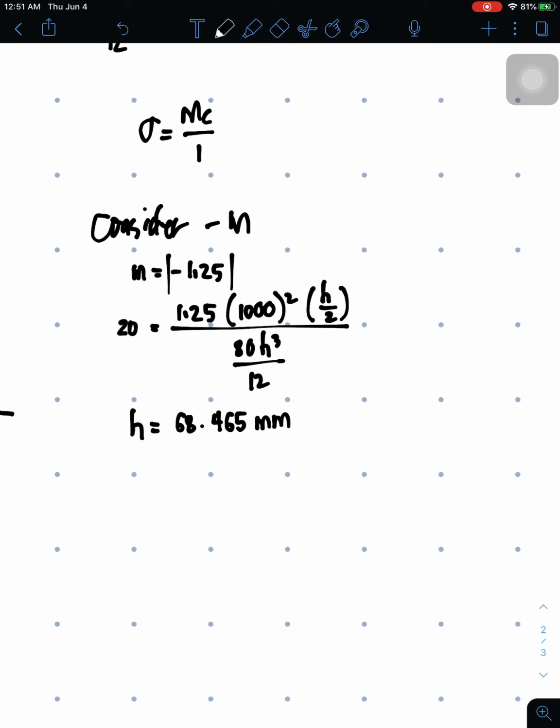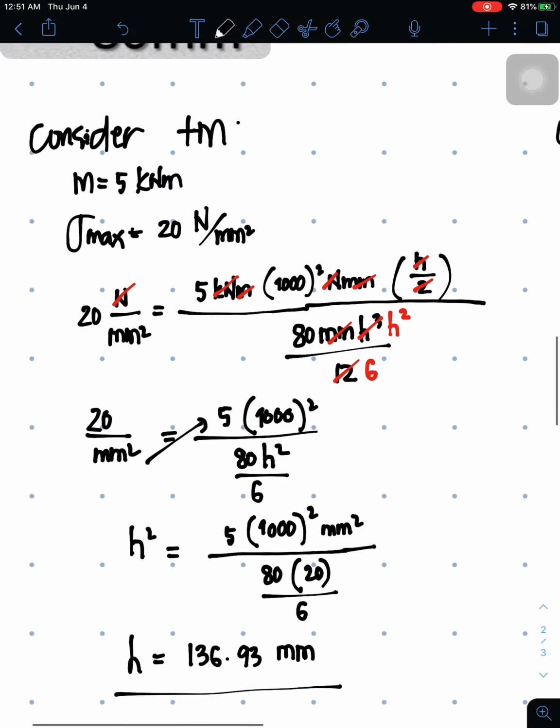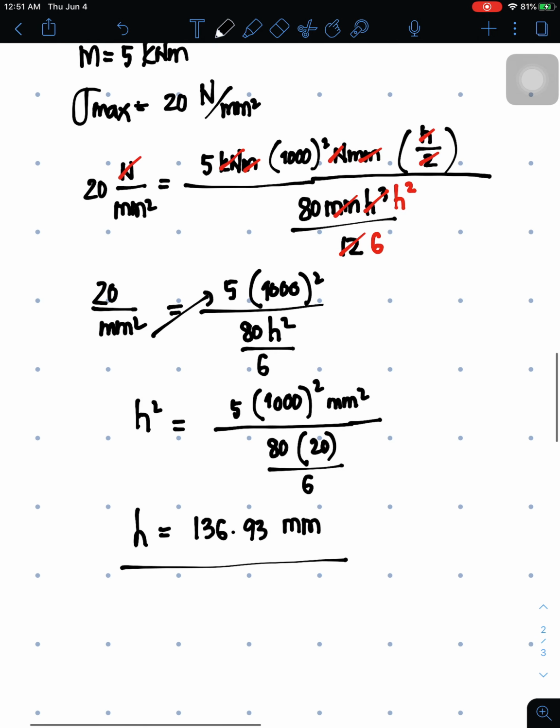That's 1.25 times 1000 squared times 6 divided by 80 times 20, and square root it, which gives 68.465. How about this one? Let's double check it.